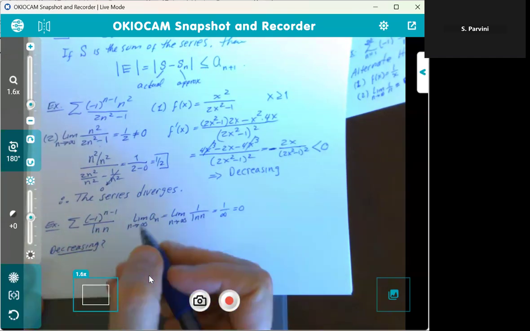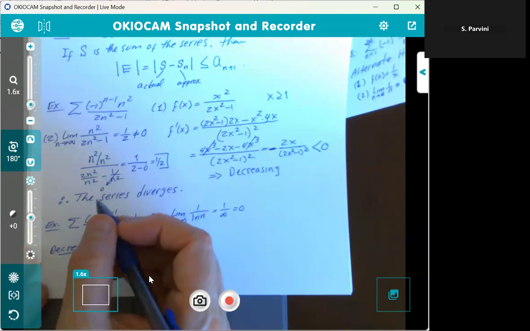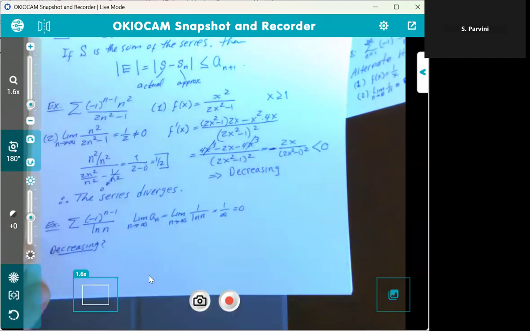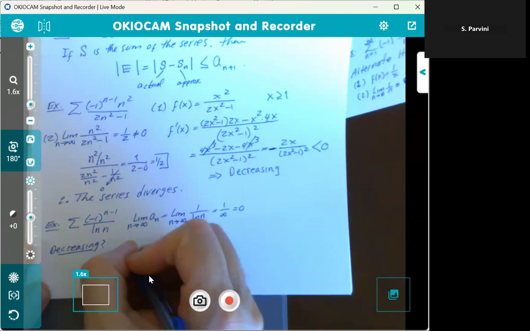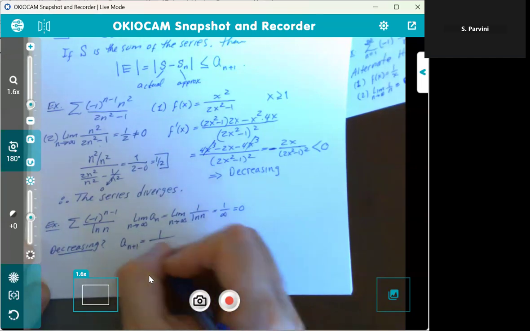For that one, again, we can look at, for example, the ratio of successive terms. Let's look at a sub n plus 1. A sub n plus 1 is going to be 1 over natural log of n plus 1.